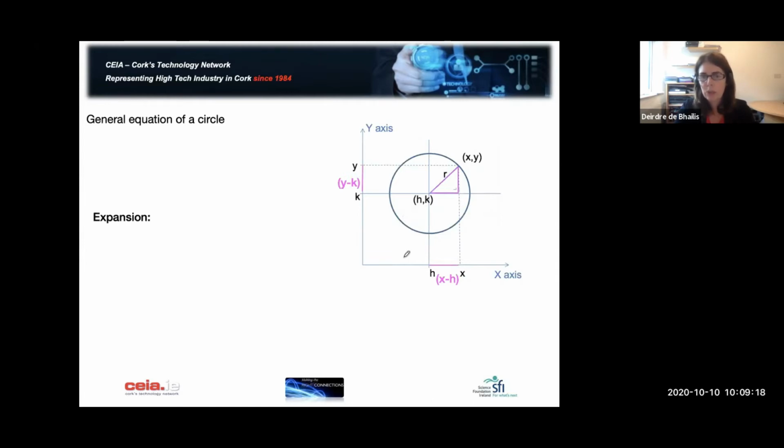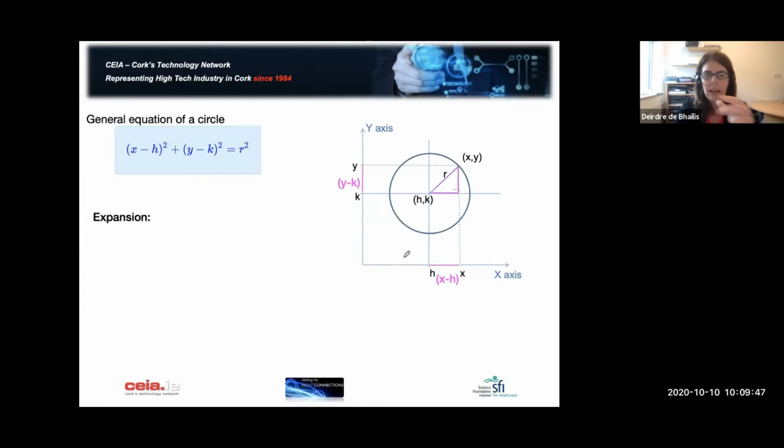That gives us a more general equation of a circle. That general equation still uses Pythagoras' theorem, and this time it's (x minus h) squared plus (y minus k) squared is equal to r squared. Once we know the center and the radius of a circle, we can apply it to this equation and we can find the equation of any particular circle.